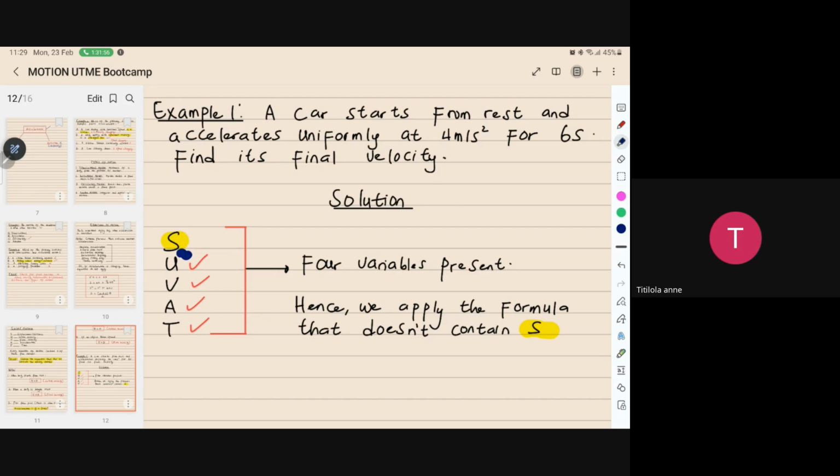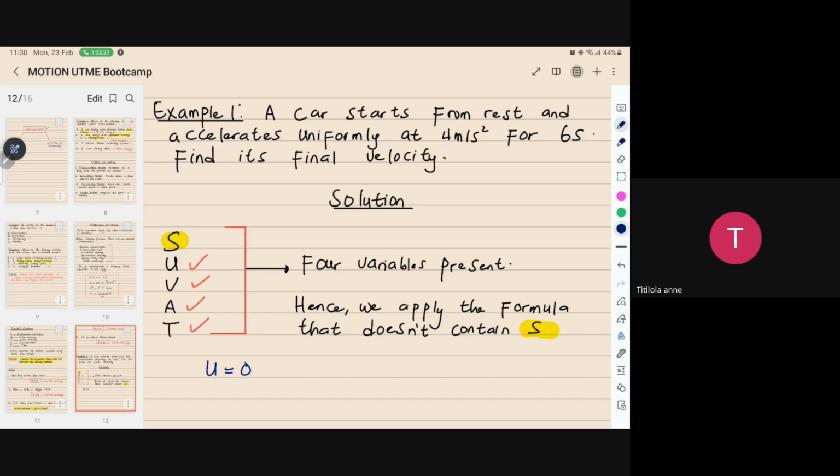I go again. There are 5 variables, solvers. Every equation contains 4 of those variables, right? When a question is given, take note of the variables that were given to you and check for an equation that does not contain the one that was not given. For example, a car starts from rest. It means that u is equal to 0.